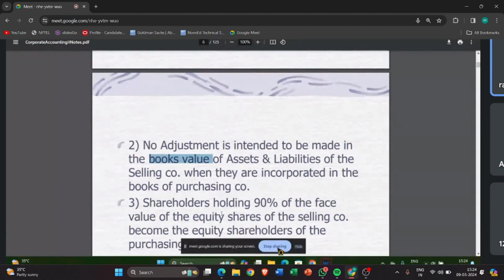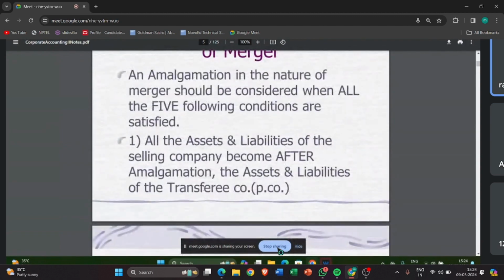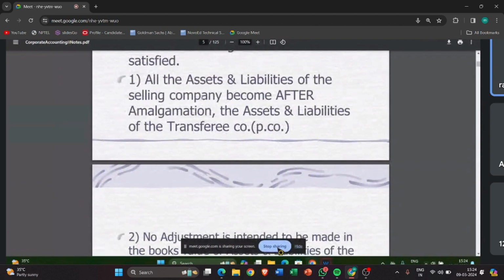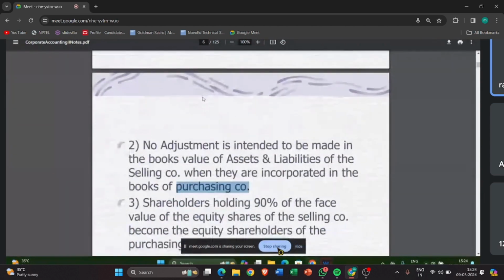Whatever you see in the balance sheet of the transferor companies, at the book values itself, all the assets and liabilities have to be incorporated by the purchasing company. That's the second point. So, two points we have to remember: in a merger, all the assets have to be taken over, all the liabilities have to be taken over, no exception at all. And the second is they have to be taken over at book values itself.